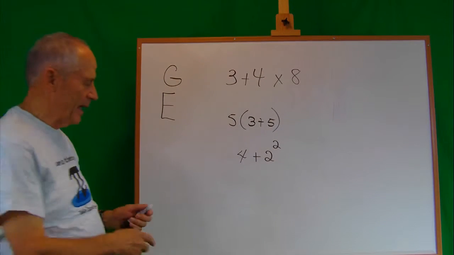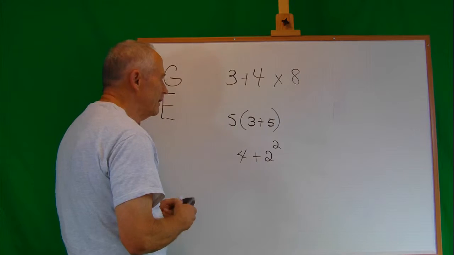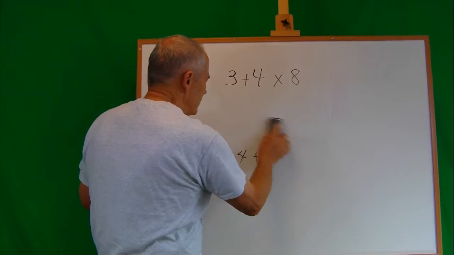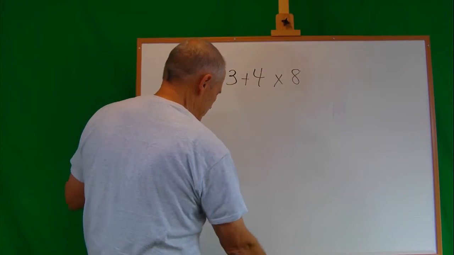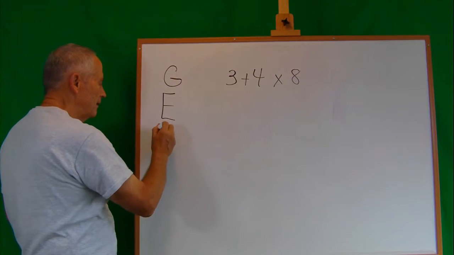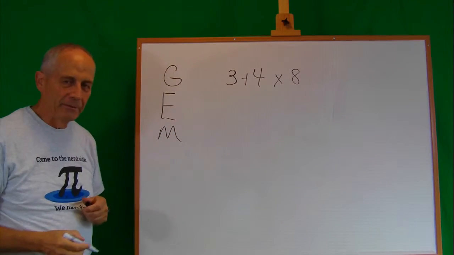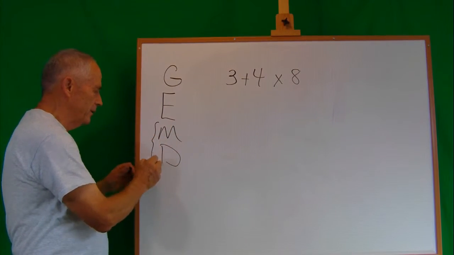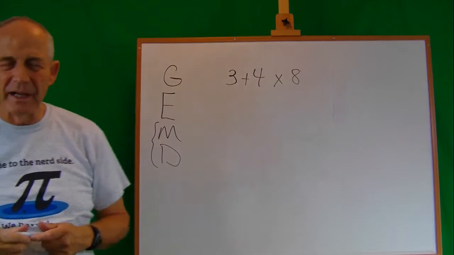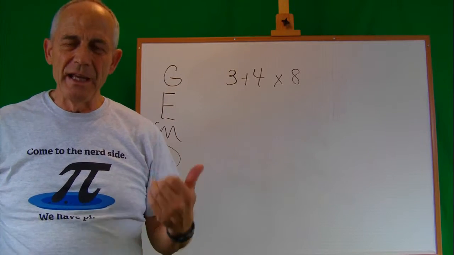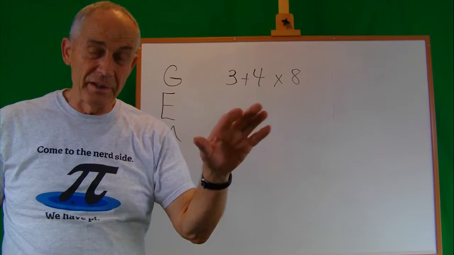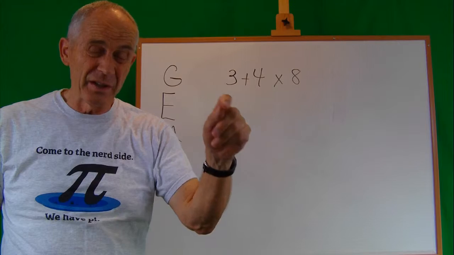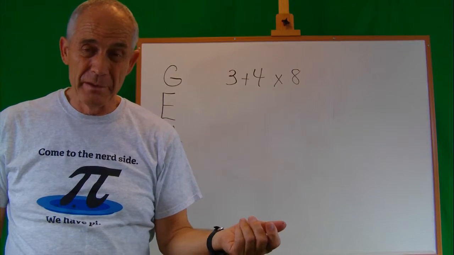Okay, now the next thing we do is multiplication and division. These two are kind of grouped together because division is multiplication. It's defined to be multiplication. It's just that we multiply by the inverse.